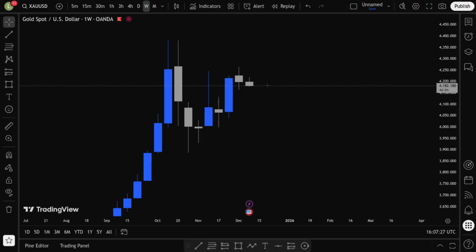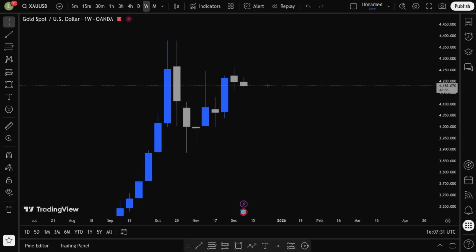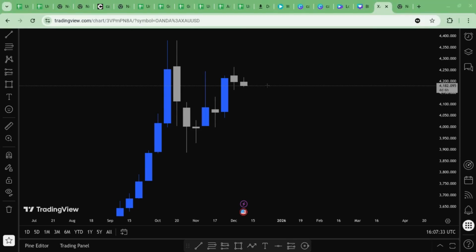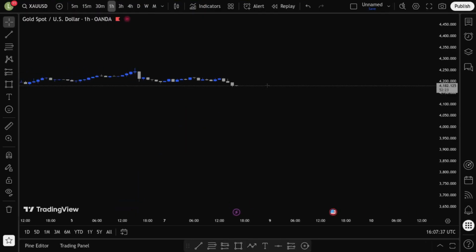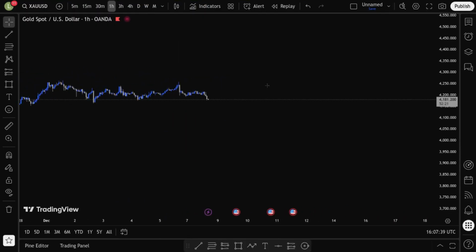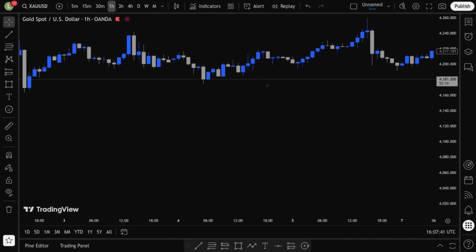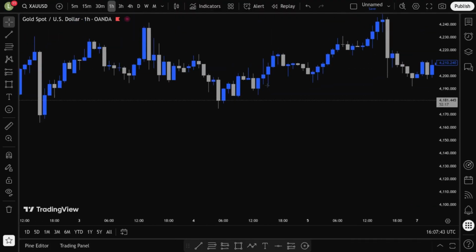So candlestick patterns are patterns that show us price action in the market. It shows us if buyers are in control or sellers are in control. For example, this candlestick pattern, let me use this one as an example, shows us that buyers are in control.